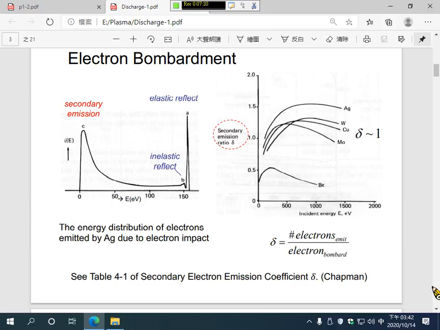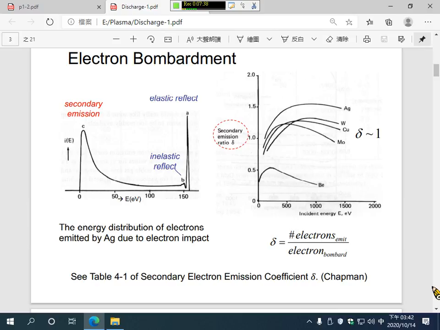Okay, and the left figure shows the relative secondary electron emission yield. The horizontal axis is the energy of the electron.